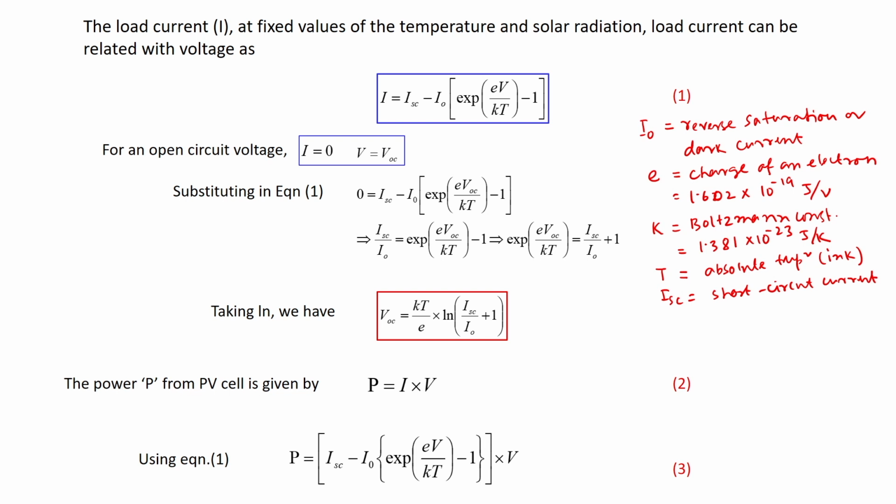Okay. And I is the load current. So, this I naught is reverse saturation current or dark current. How is this happening? This current flows even though these cells are not exposed to solar radiation or light source.